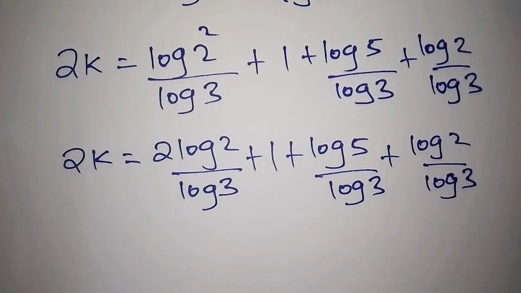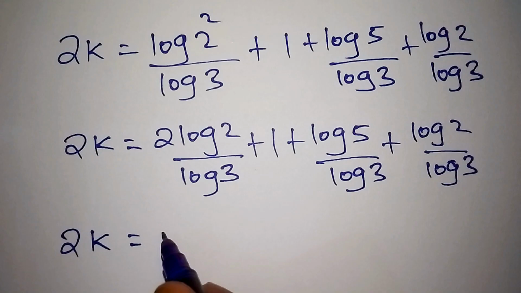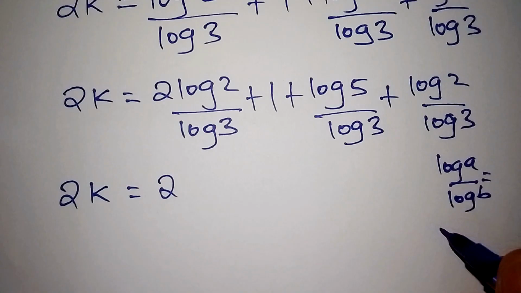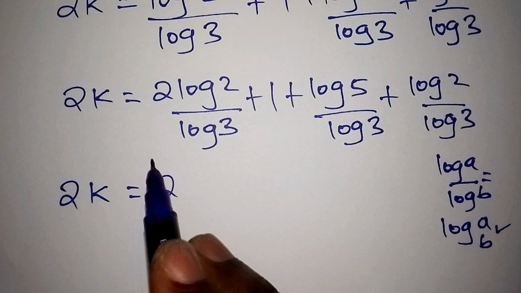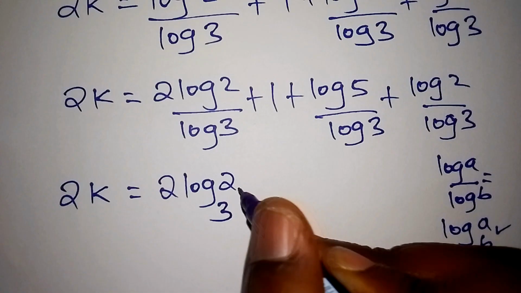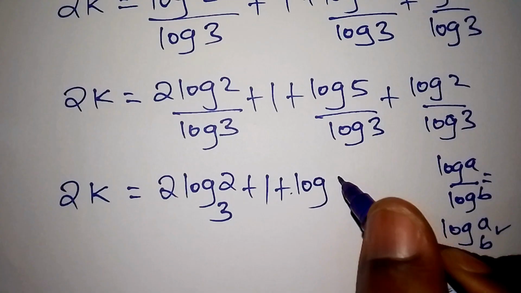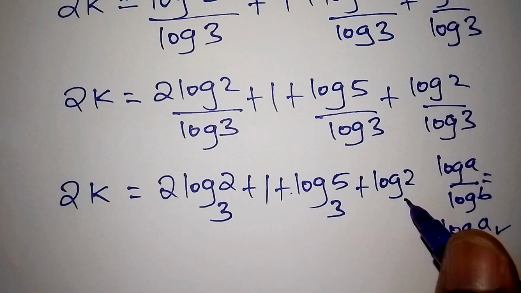Now, when you have the log of a all over the log of b, this can be written as the log of a to the base of b. So 2k equals 2 times the log of 2 to the base of 3, plus 1, plus the log of 5 to the base of 3, and finally plus the log of 2 to the base of 3.